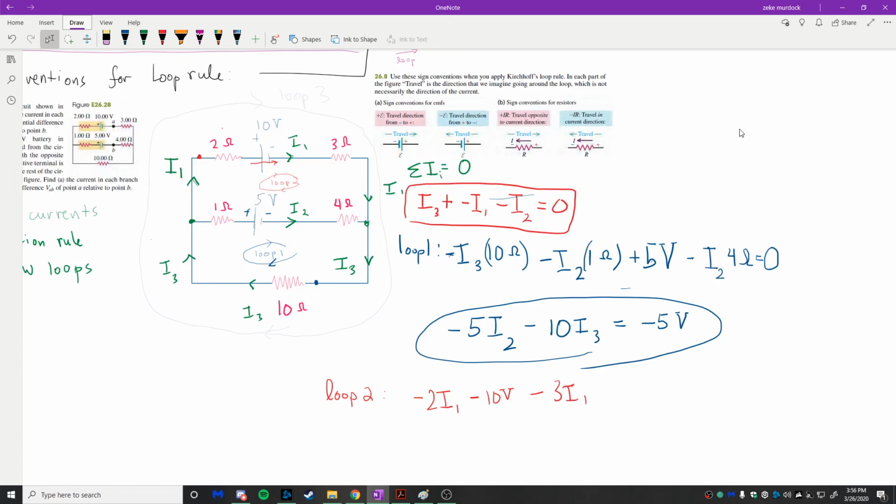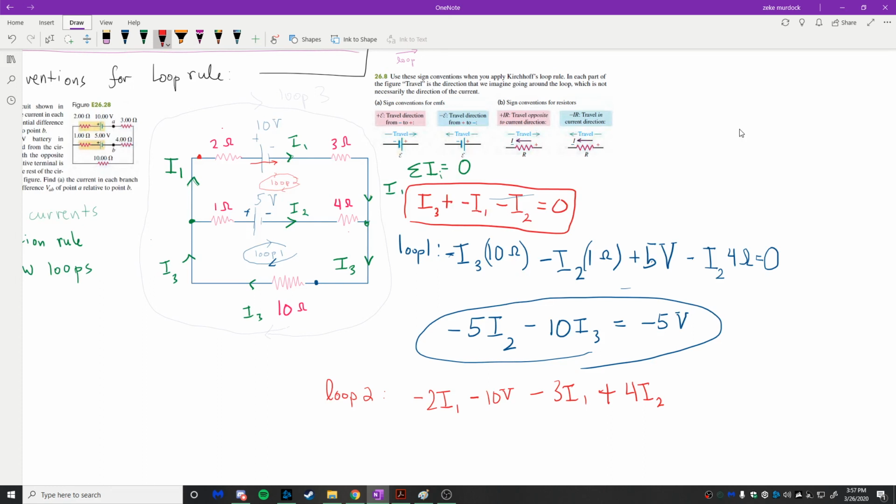We swing down to here. We're going against the current now with I2. So what do I write down for this one? What do I write down for the 4 ohm resistor now? Plus 4, because we're going upstream, right? We're going to a position of higher potential. And we get to the 5-volt battery.